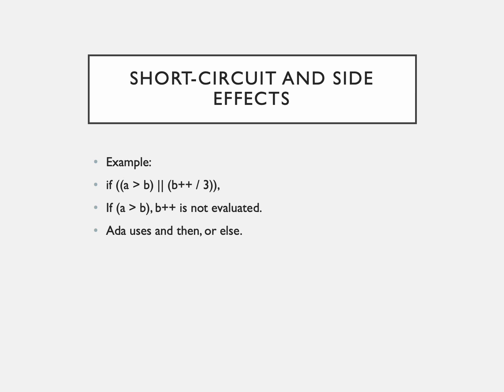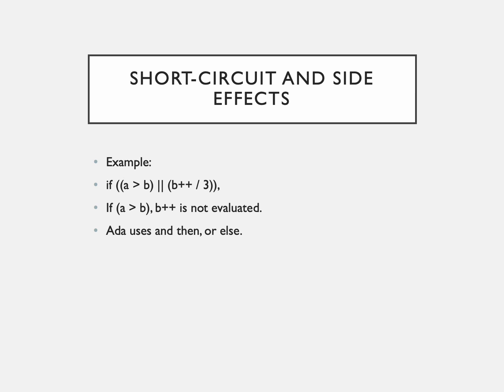Now let's look at another example, by looking at how it interacts with side effects, those subtle changes in program state that happen when expressions are evaluated. For example: if a greater than b or b plus plus divided by 3.